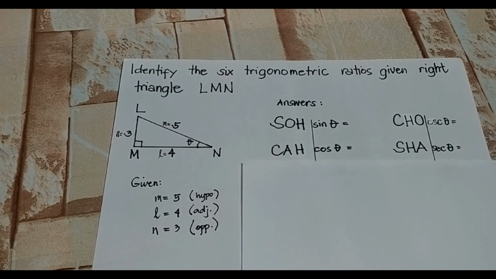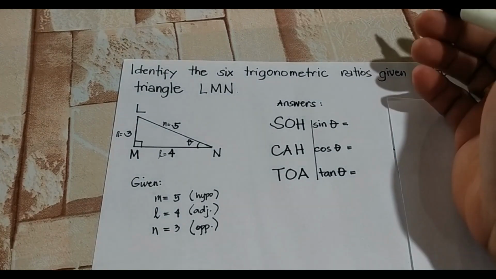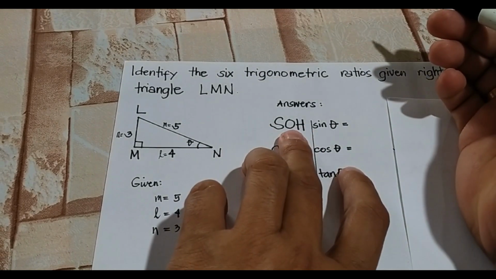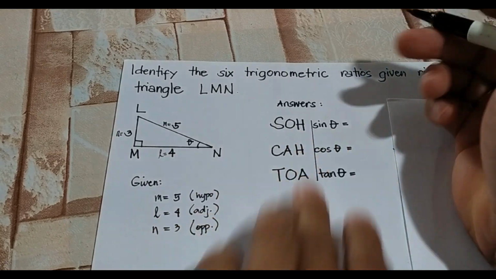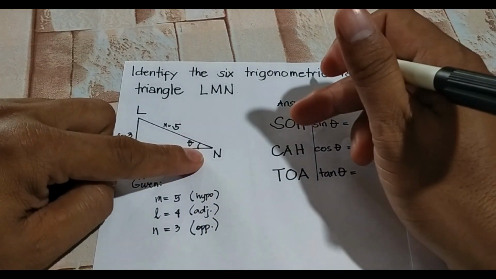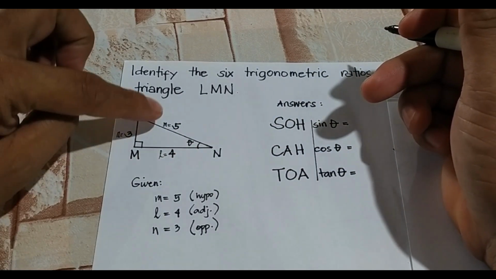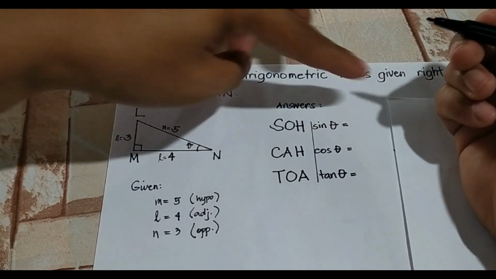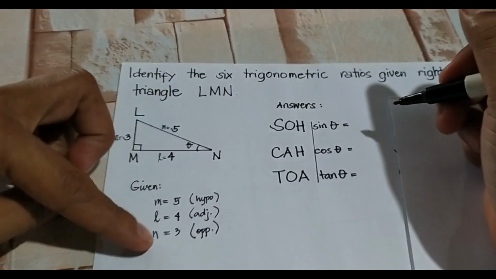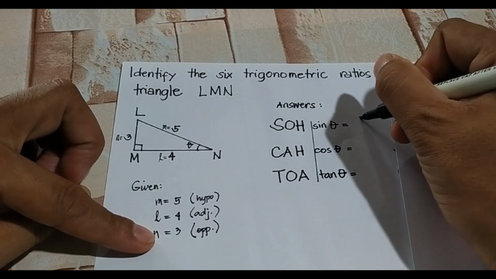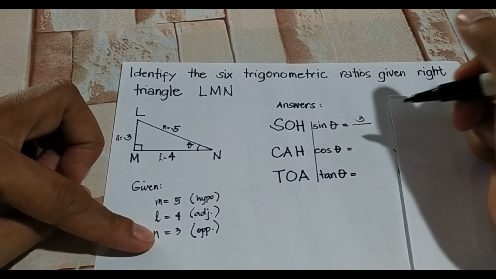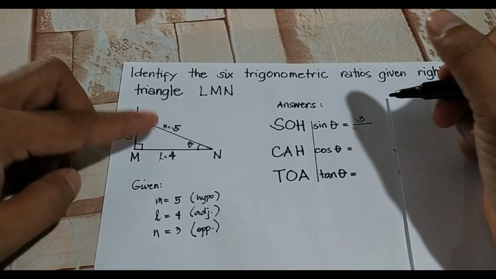So the first one, we have sine theta. When you say sine theta, you have opposite over hypotenuse, meaning N over M. So the opposite, which is 3, over our hypotenuse, which is 5.